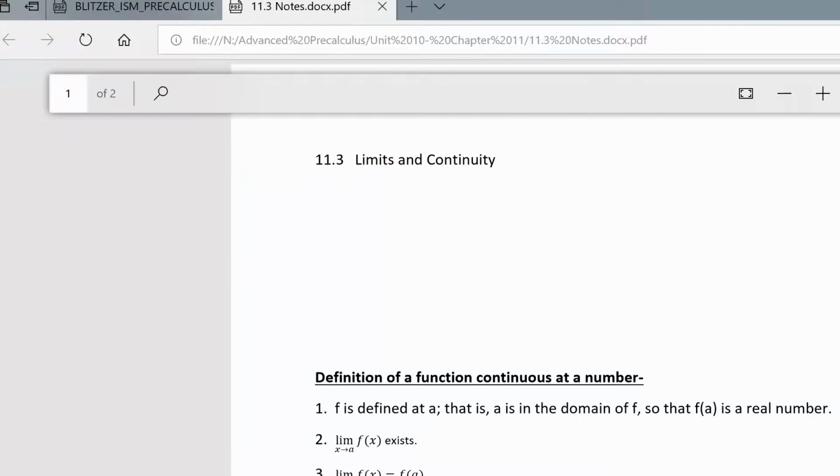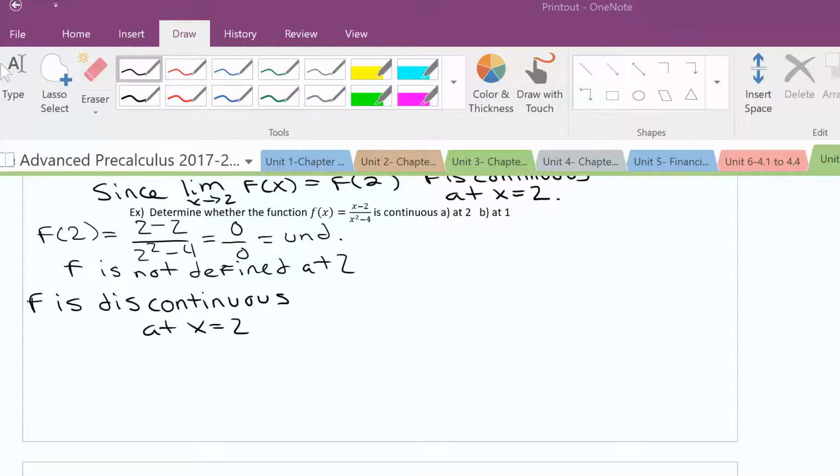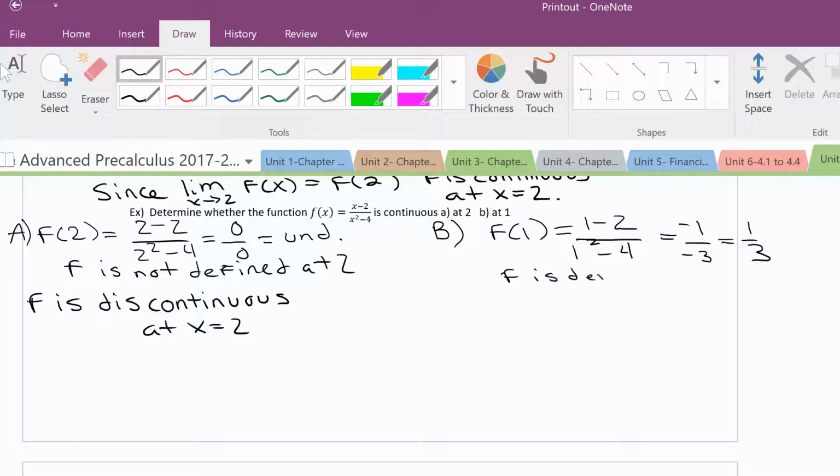So if we go for the next one, this was part A. We look at part B, f of 1 is equal to 1 minus 2 over 1 squared minus 4. So it's negative 1 over negative 3, which is 1/3. So f is defined at x equals 1.